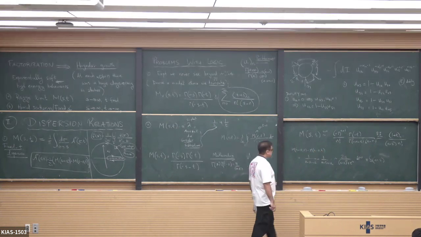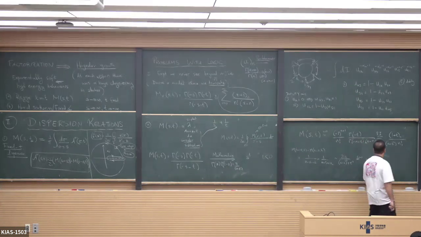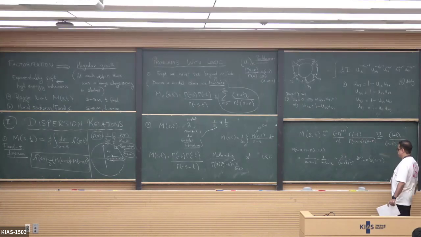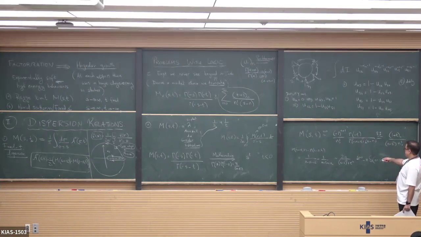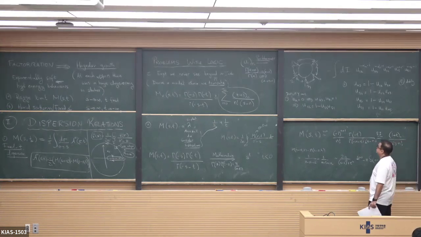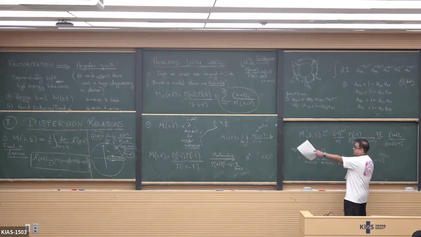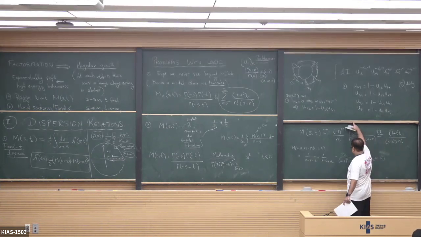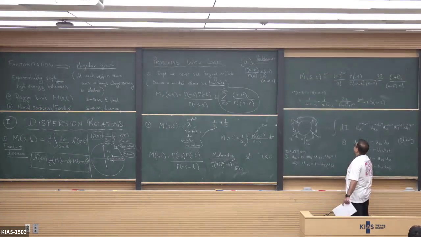So that's a useful formula to remember, that poles correspond to, maybe with a minus sign, I'm not very careful with signs. But basically, the discontinuity is going to be proportional to delta functions. And as a result of which, the dispersive representation simplifies.